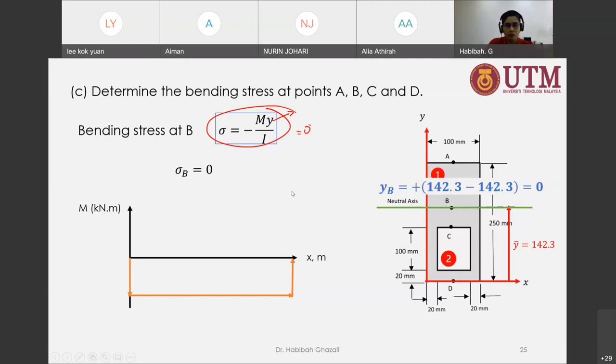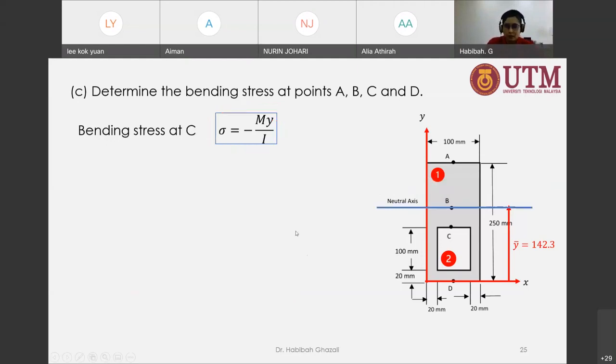Now we are going to look at bending stress at C. Look at its location. It is below the neutral axis. What's going to happen? It's experiencing compression. The stress at any location below the neutral axis is going to be compression stress. Why?